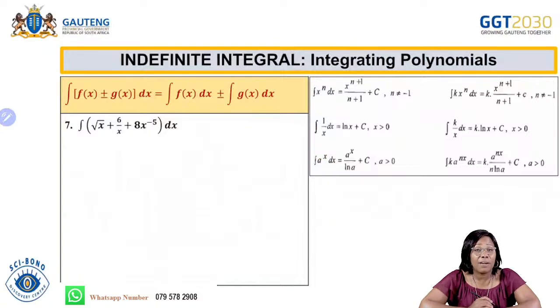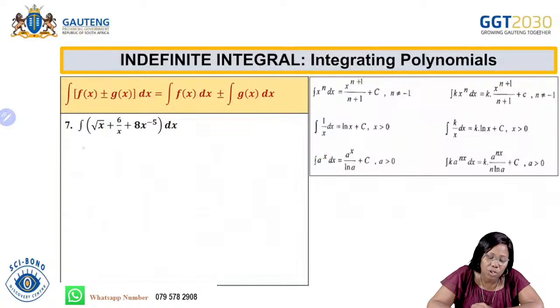Remember the tip I gave you earlier on: separate your integrals, simplify them as far as possible, ensure that you don't have set notation on your expressions. Number one, already on this one, you're having a challenge of the square root there that we need to get rid of, and write that in exponential form.